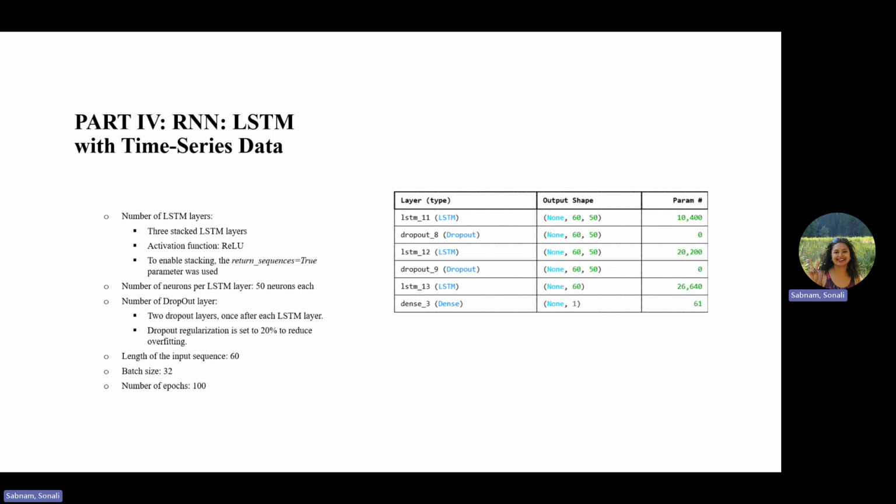Two dropout layers, each with 20% regularization, help mitigate overfitting. The input sequence length is set to 60 with a batch size of 32 and 100 epochs for training. The table details the model layers, output shapes, and parameter counts, illustrating the complexity of each layer. The design captures temporal dependencies effectively, demonstrating the strength of LSTM in time series forecasting.